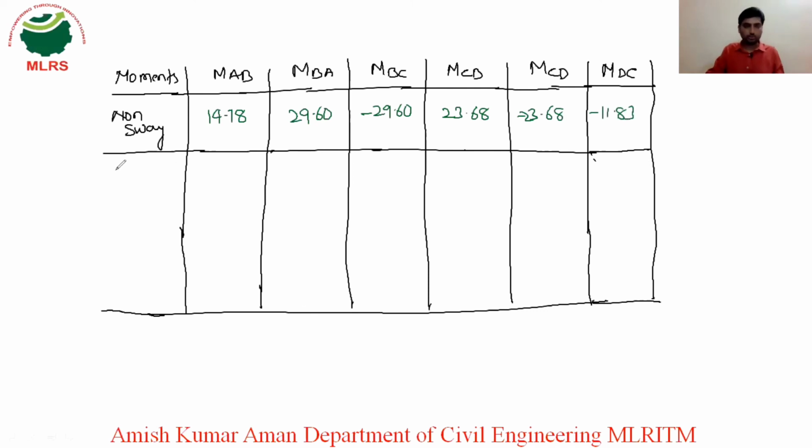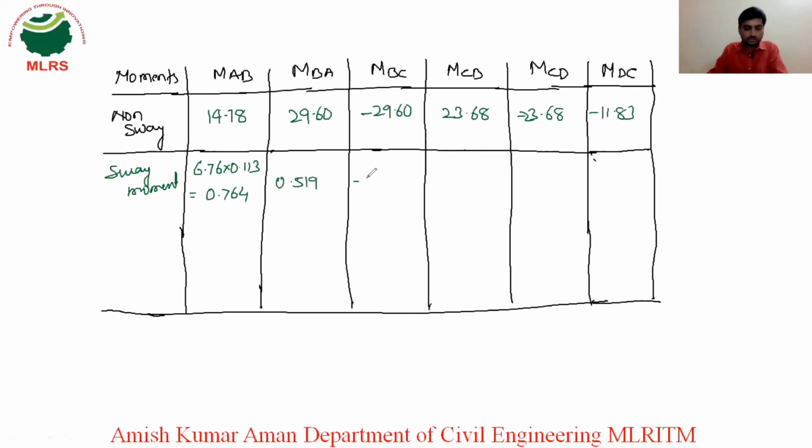Now for the sway moments, what are your sway moments? The sway moments you got, you have to multiply by 0.113. That value we got is 0.764. Similarly do it here, you will get 0.514.